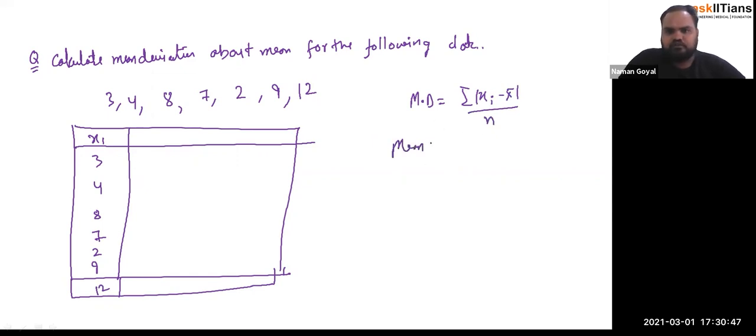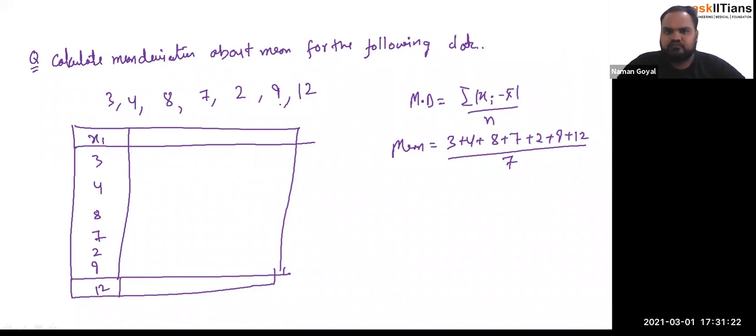So the mean is the sum of these terms, which is 3 plus 4 plus 8 plus 7 plus 2 plus 9 plus 12, upon 7. 3 plus 4 is 7, 7 plus 8 is 15, 15 plus 7 is 22, 22 plus 2 is 24, 24 plus 9 is 33.